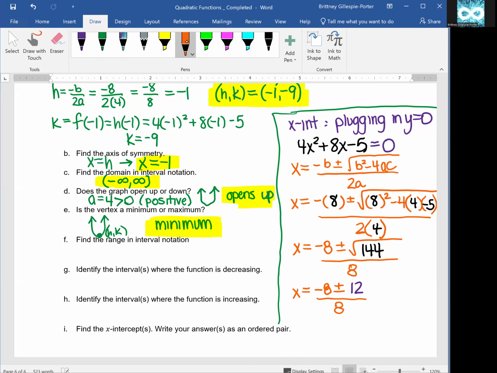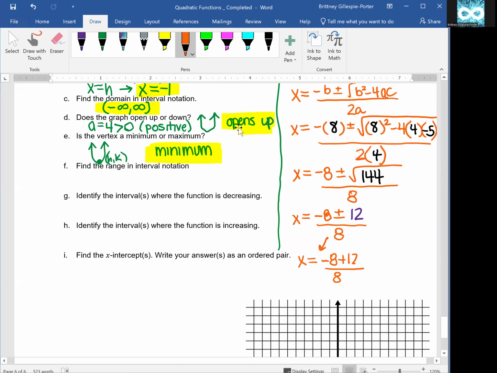We're going to break that into 2 separate answers. Our first answer will come from negative 8 plus 12 all over 8. And our second answer will come from x equal to negative 8 minus 12 all over 8. Okay.